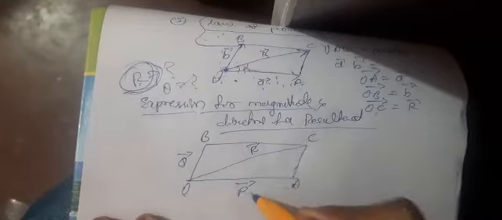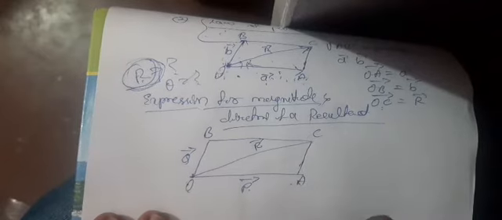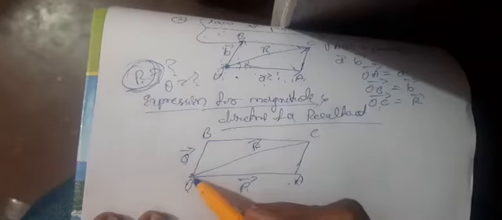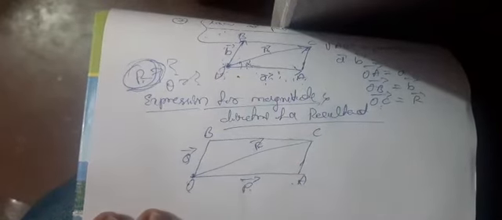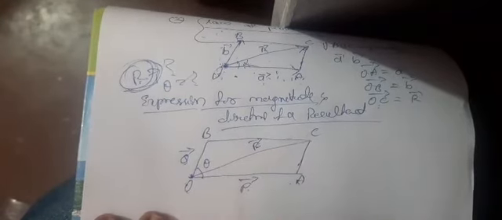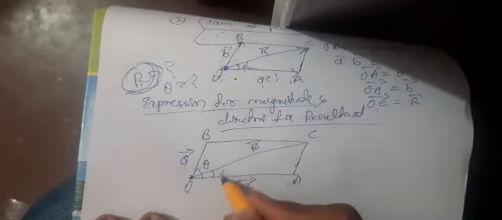OA is represented by vector P and OB is represented by vector Q. Vectors P and Q are two vectors acting at a point in equilibrium, and vector R, the resultant line, also acts at that point. Theta is the angle of the parallelogram, and alpha is also an angle.